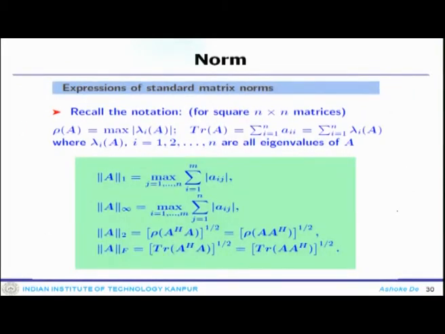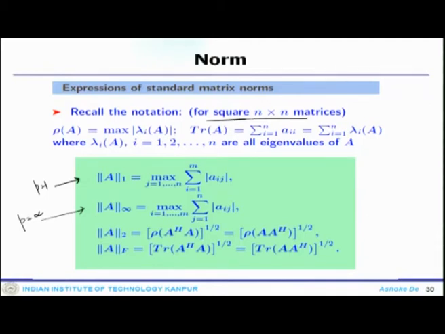Now, moving ahead, you can look at these different matrix norms, where in one case P equals 1 and in another case P equals infinity. So, the notation is that you have a square matrix n by n.